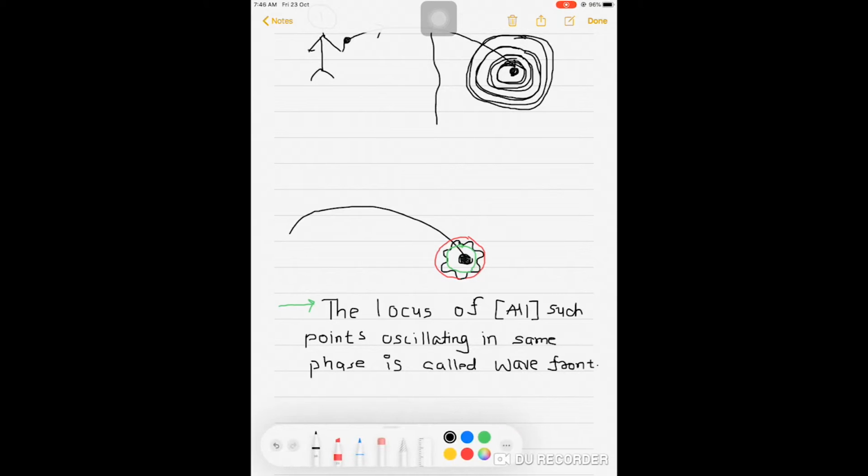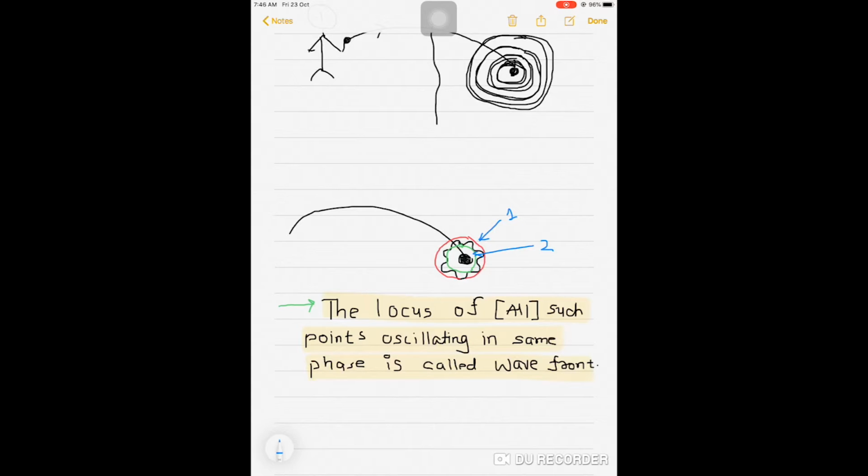So here in our case we can say this red color circle and a green color circle are the example of wavefront. If I say this is 1 and this green one is 2, they are representing wavefronts.